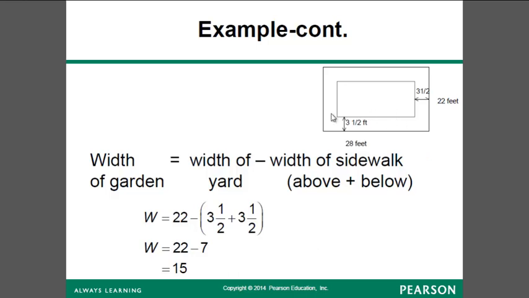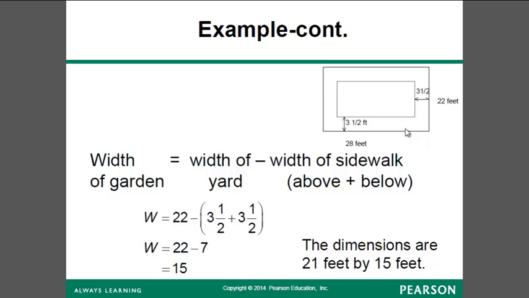So the dimensions of my garden are 21 feet by 15 feet. So we've figured out the dimensions of the garden by taking the original length and width of our yard and subtracting the width of our sidewalk. And we have answered the final question because we have found the dimensions of the garden.